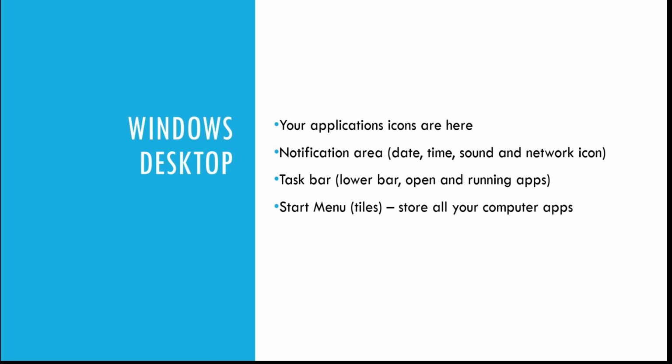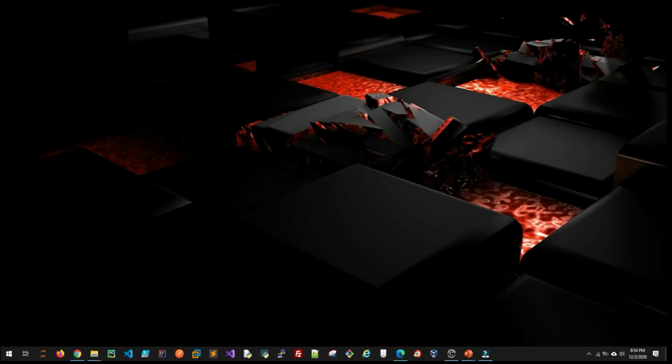When we talk about Windows 10, it's easy to recognize what type of operating system you're using, because Windows 10 uses unique menu options that we're going to see shortly. So this screen is the Windows desktop.